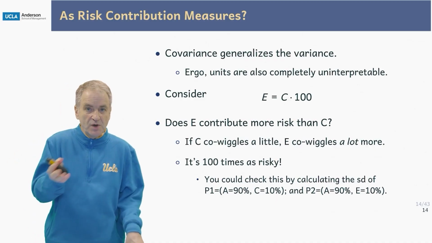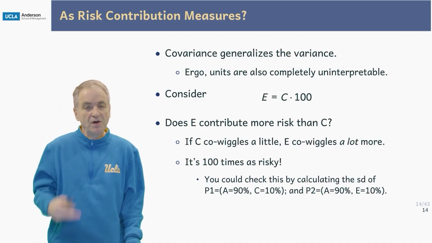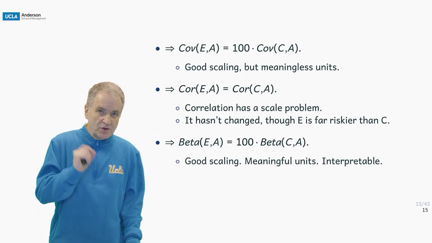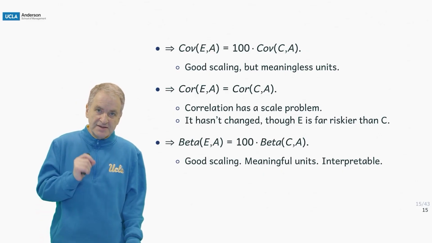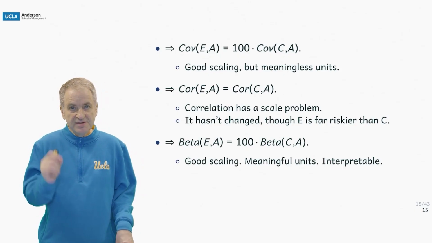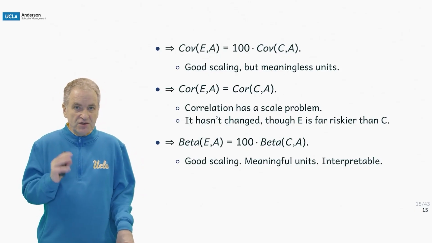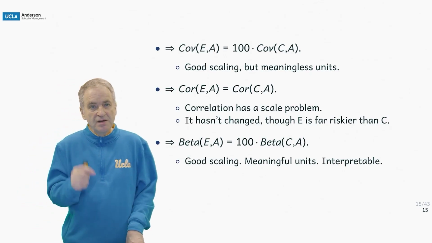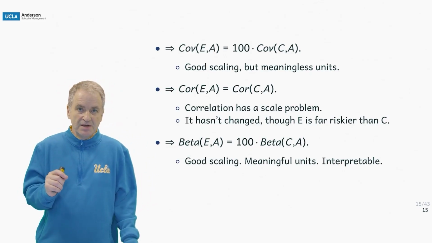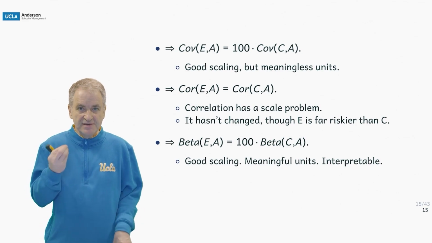You can check this if you want. You can just calculate a portfolio, or you can trust me. Now, if you look at the covariance, it tells you indeed it is 100 times worse than C. The correlation does not. It turns out the correlation of E and A is the same as the correlation of C and A. So for our purposes, it has a scale problem.